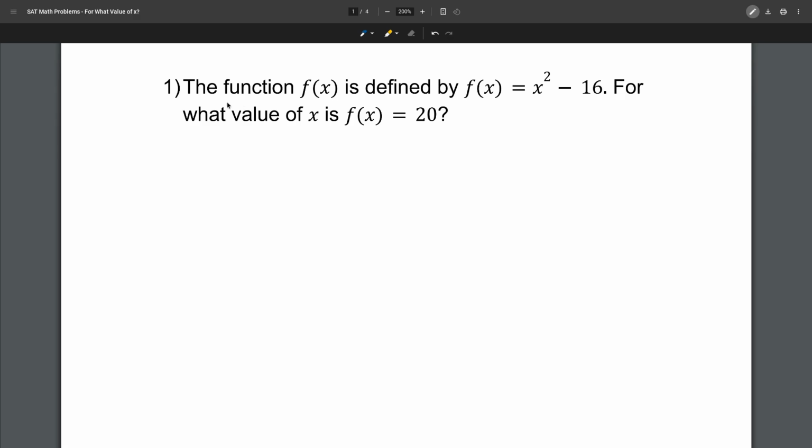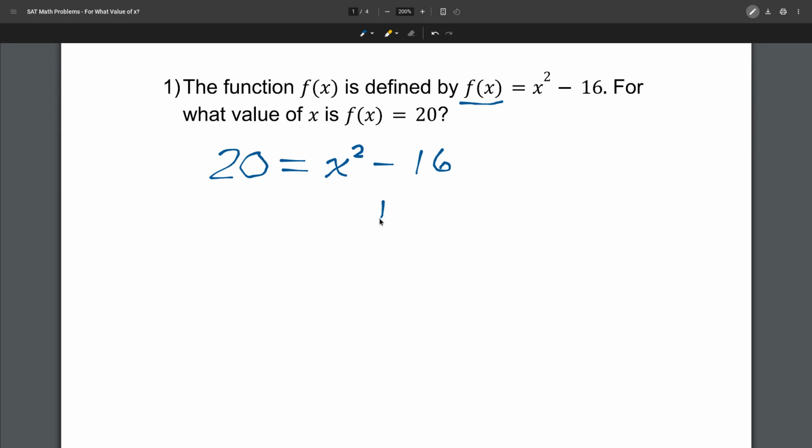So problem 1 reads, the function f of x is defined by f of x equals x squared minus 16. For what value of x is f of x equal to 20? So that's this. So we're going to write 20 equals x squared minus 16.